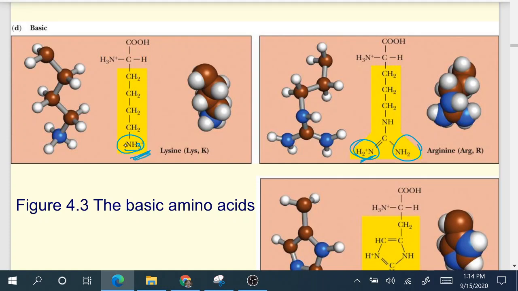So lysine on the left will have a hydrogen on the amine group, and on arginine on the right, usually one of these amine groups will be positively charged. But that positive charge, the hydrogen, is going to be hopping around. It's going to be picked up by other things, put back over here. So these NH2s are actually equivalent on arginine.